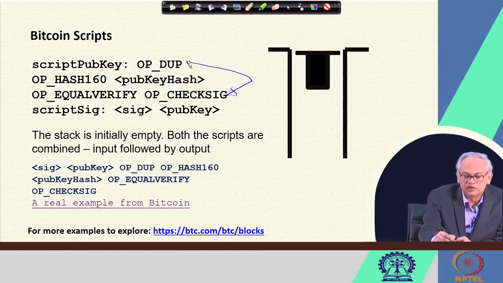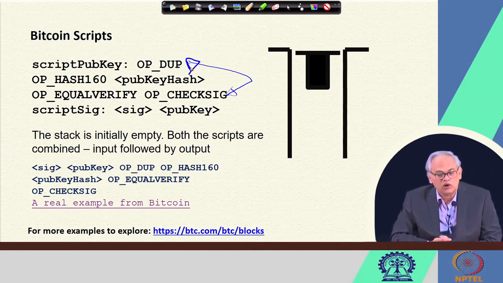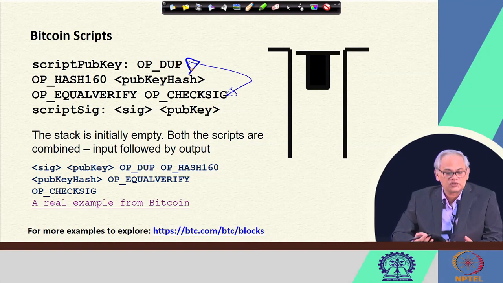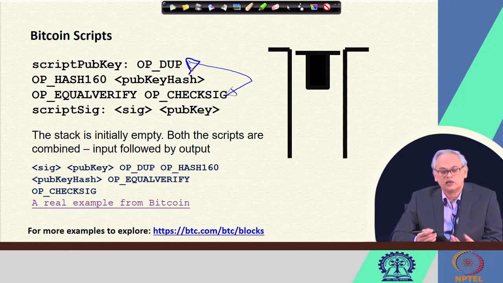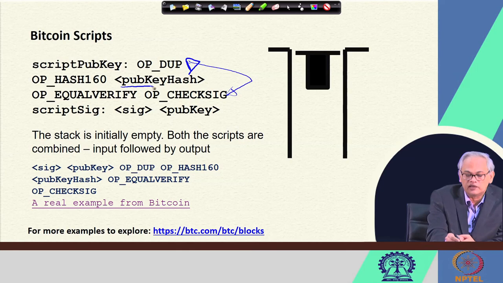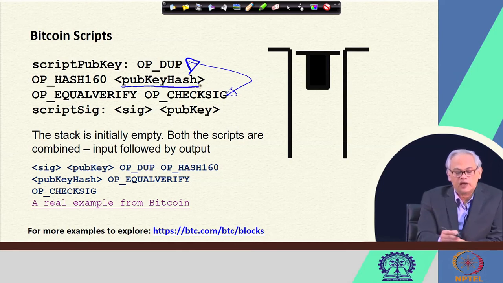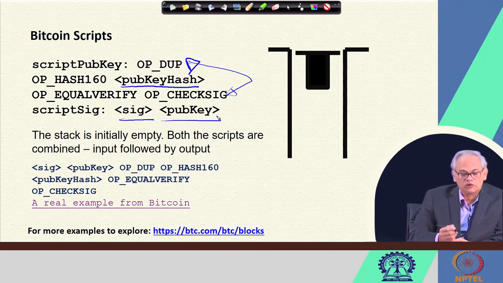So, this is our script pub key, which has some keywords like OP_DUP, OP_HASH160. These are the keywords in this scripting language, and then there are also certain constants, which we denote here in angular brackets, like pub key hash, and then we have sig and then pub key and so on.